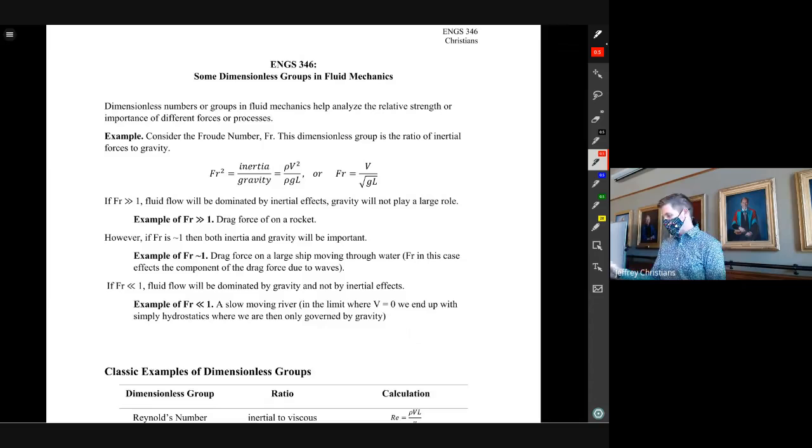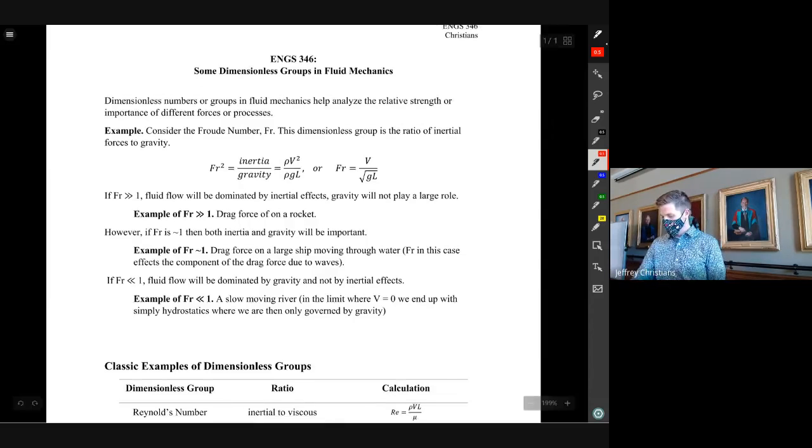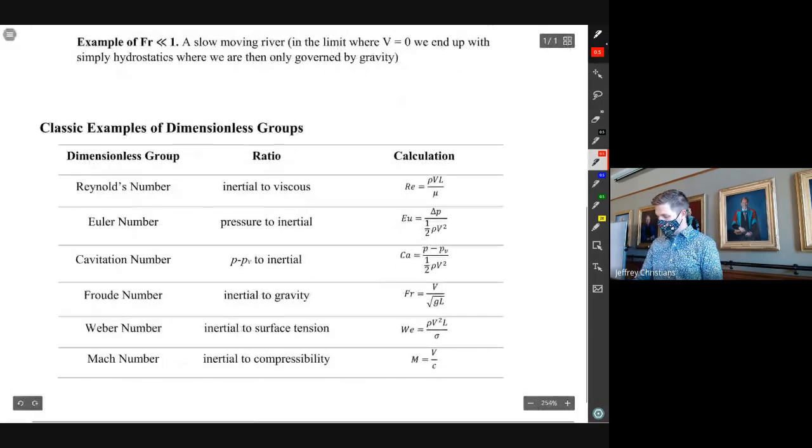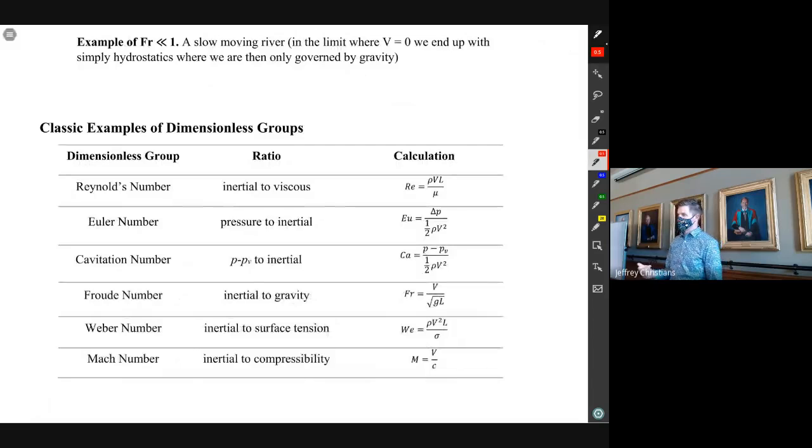So that's one example. We've dealt a little bit with Reynolds number, and one we haven't dealt with called the Froude number. There are a whole bunch of other dimensionless groups. This is a couple from a list of a whole bunch. I think a large reason why there are so many is because if you're, say, Reynolds, then you get your own number, and that's kind of fancy.